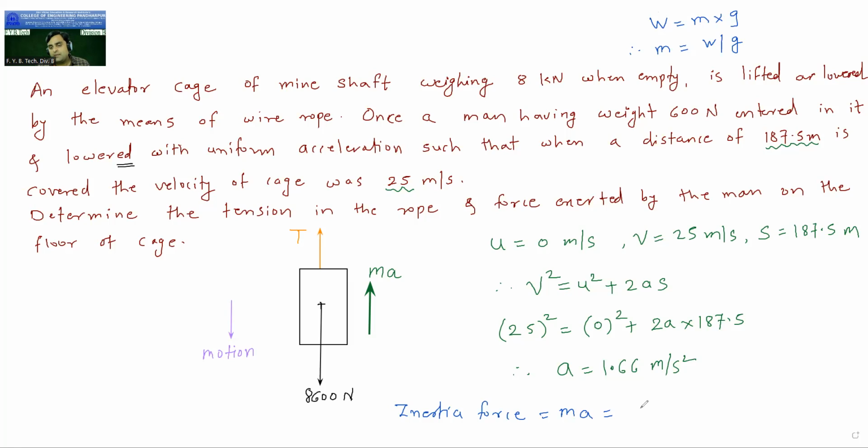So here I can write mass is equal to nothing but W by g into A, which is equal to W is 18600 divided by g is 9.81 into A is 1.66. So therefore inertia force MA is equal to 1455.24.